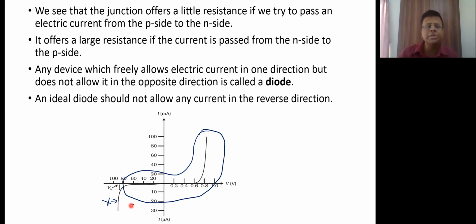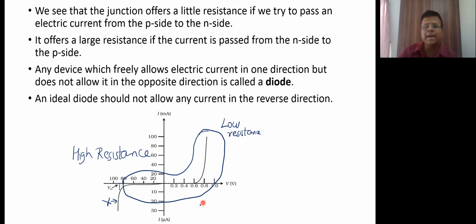So you can see in this region, it's very obvious that when the PN junction is operated in the reverse bias, it offers a very high resistance. That is why the current is small. Current is small means what? High resistance to the flow of current. And here exponentially growing current. That means a very low resistance when it is forward biased.